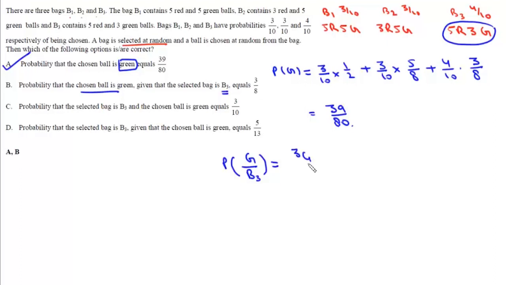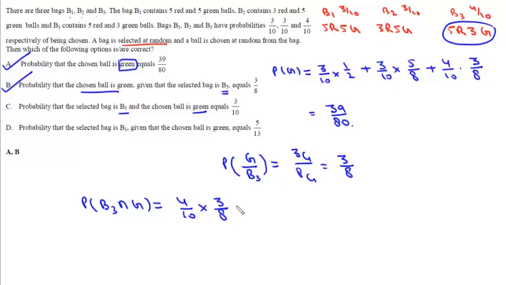So it will be this 3C1 upon 8C1, which is 3 by 8, and that's your option B. Now probability that selected bag is B3 and the chosen ball is green will be given by probability of choosing third bag, which is 4 by 10, and then probability of choosing a green ball, which is 3 by 8. So it will be nothing but 3 by 20. That means this option C is incorrect.